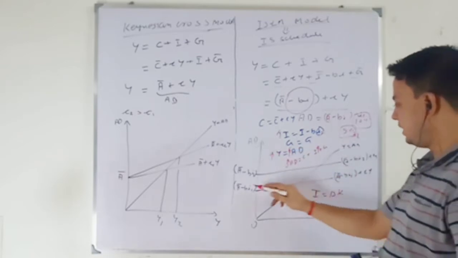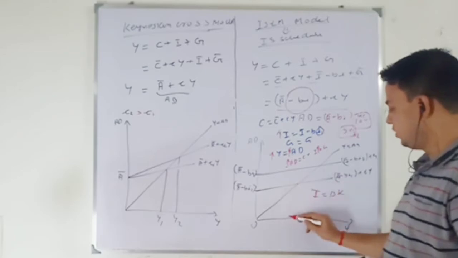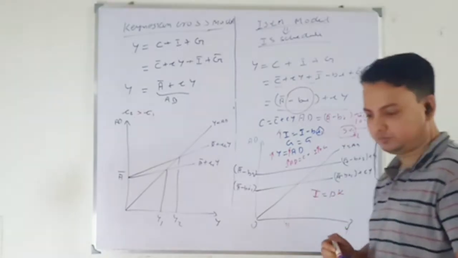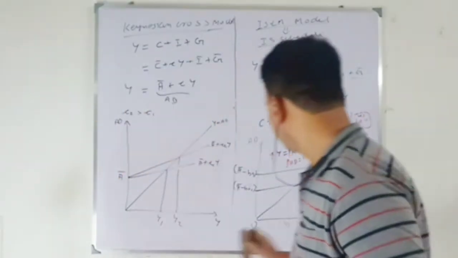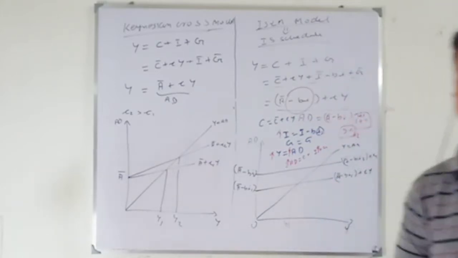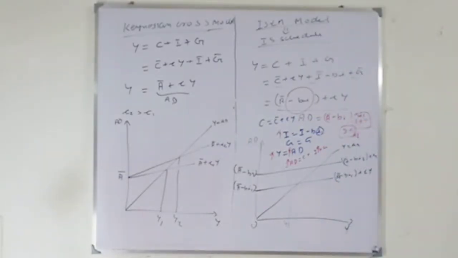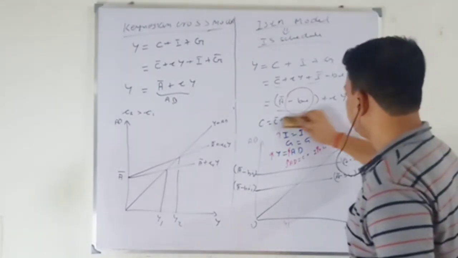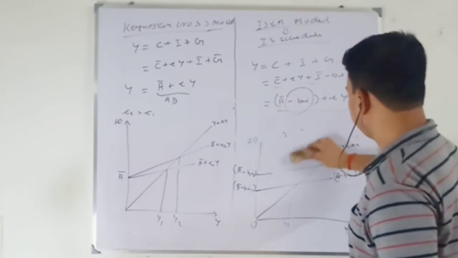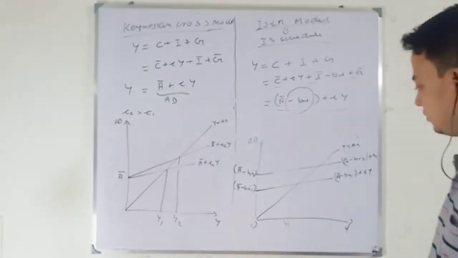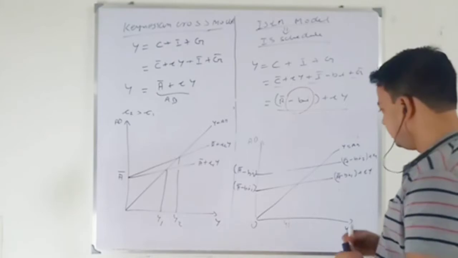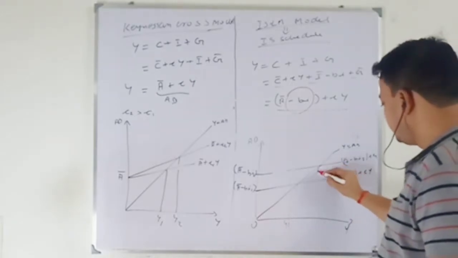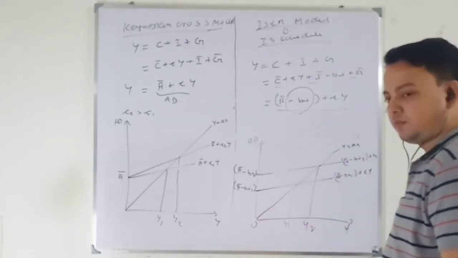So here at high rate of interest I1, this is your income, say Y1. And when rate of interest is I2, my income is Y2.